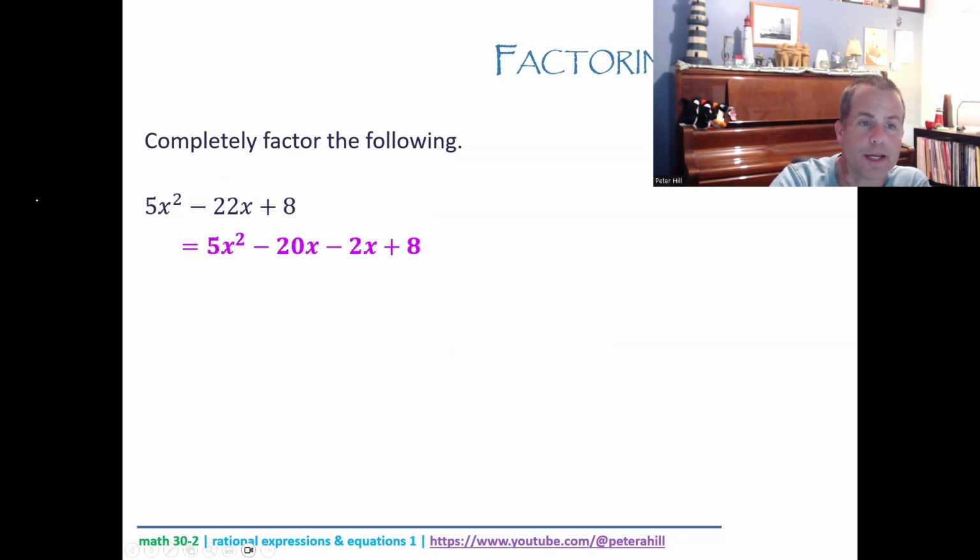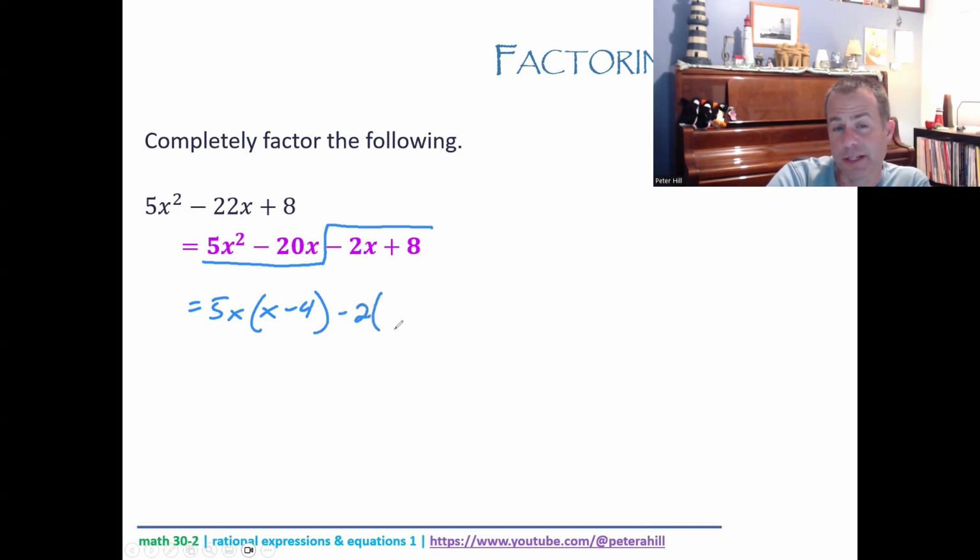And then I'm looking at, okay, time to factor the front 2, factor the back 2. Out of the front 2, I could take out a 5x. And that would leave me with x and -4, 20x divided by 5x. Out of the back 2, I would take out a -2.